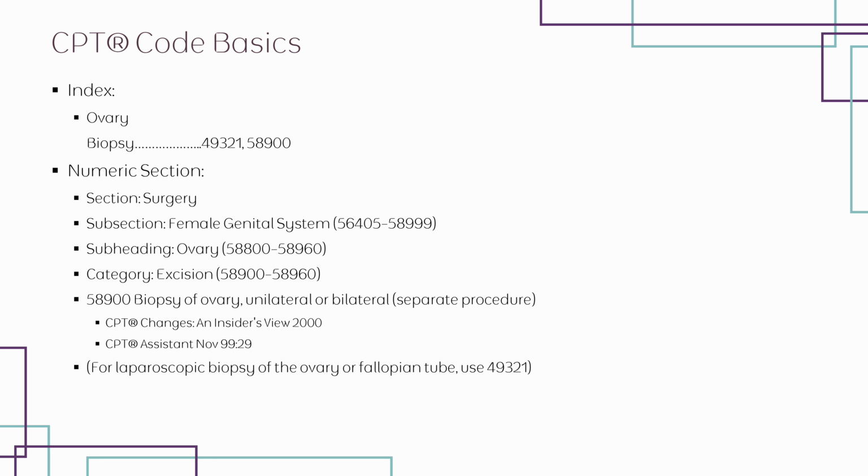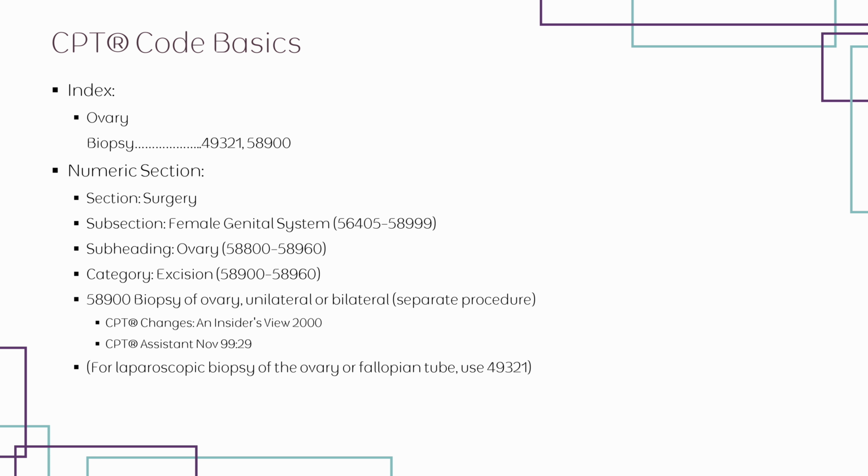Let's walk through a coding example together to put everything that we've discussed into practice. We're going to locate the correct CPT code for an excisional biopsy of an ovary. The first step is to turn into the CPT index, and in the index, you'll begin by looking under the main term, ovary.